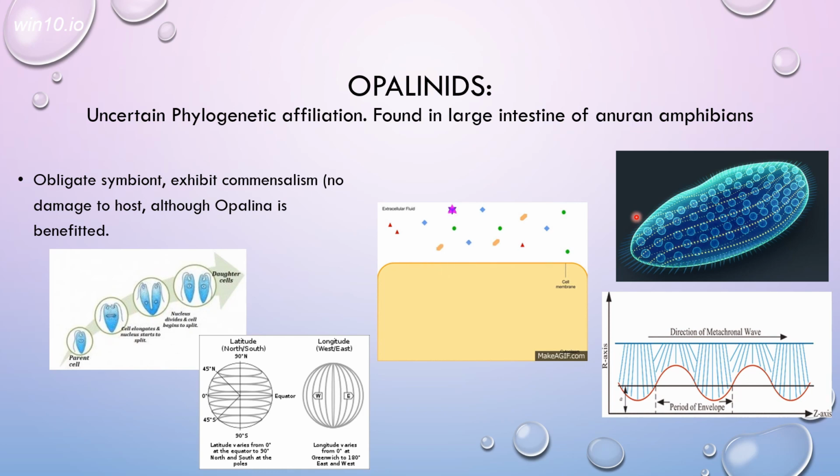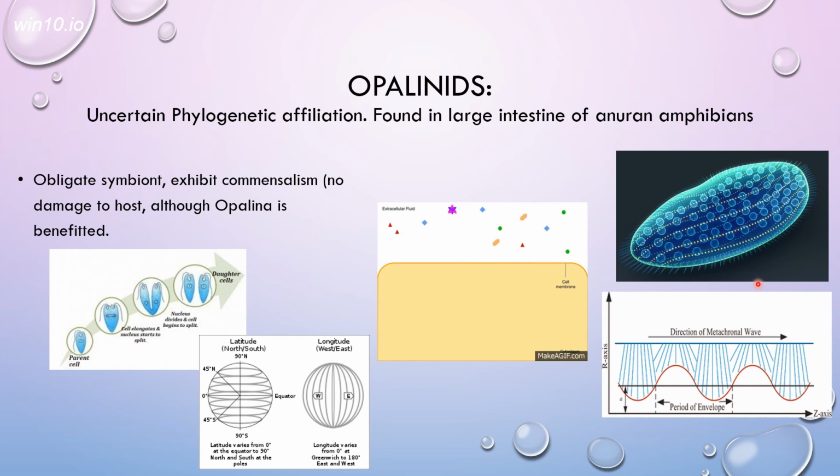So one of the reasons economically how they spread from one tadpole to another is that during their reproductive stages, especially in the spring season when the frog starts breeding, the symbionts divide rapidly and produce many pre-cystic forms.